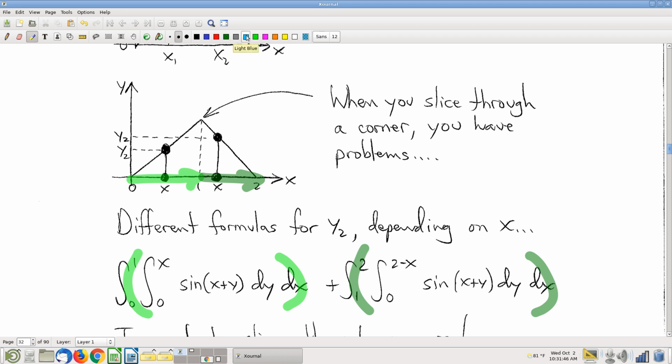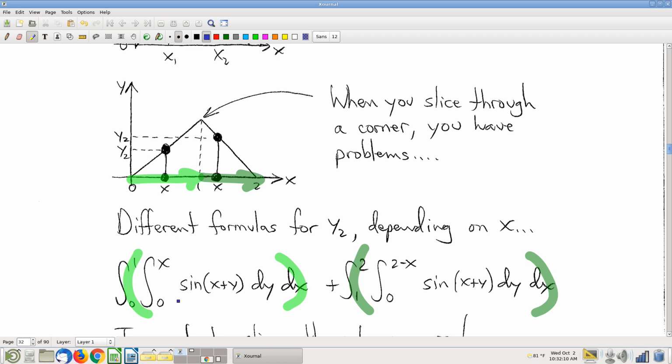Let's see here. So for the x between 0 and 1, there's my lower bound curve, and there's my upper bound curve, and they give me this is the lower bound, and this is the upper bound, and everything's fine because this is a well-defined, no problem, single formula curve. Right?